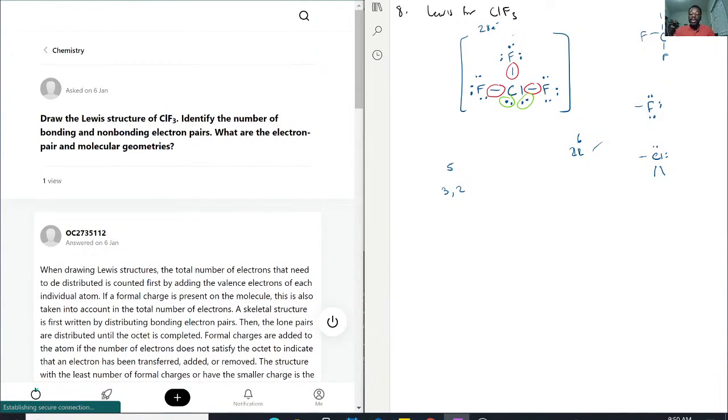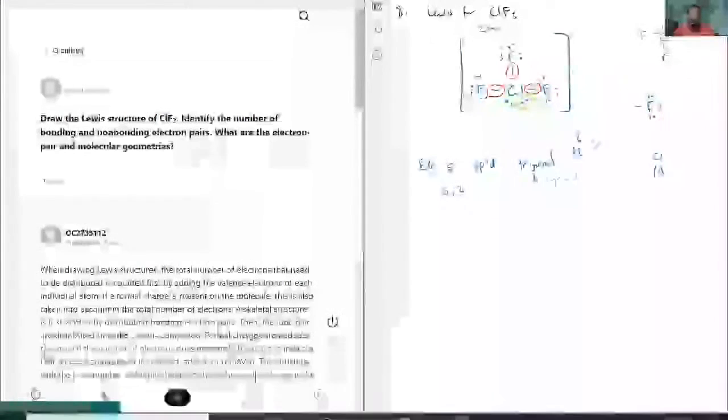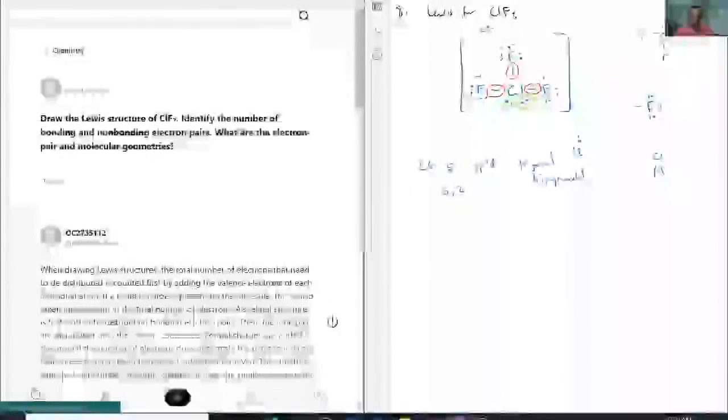If I remember correctly, the hybridization for this would be sp3d, and the electron geometry, the EG, is known as trigonal bipyramidal. There we go. So that would be that name.